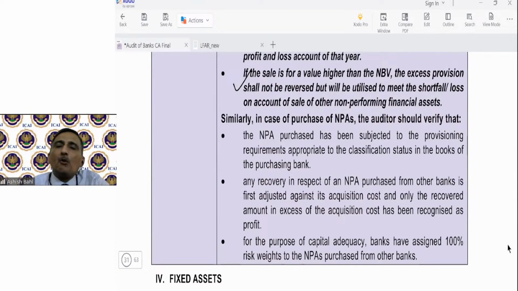And subsequent to purchase, some recovery comes. Then it should first be adjusted against its purchase price, its acquisition cost, and only when the acquisition cost has been met shall the balance amount be recognized as profit.